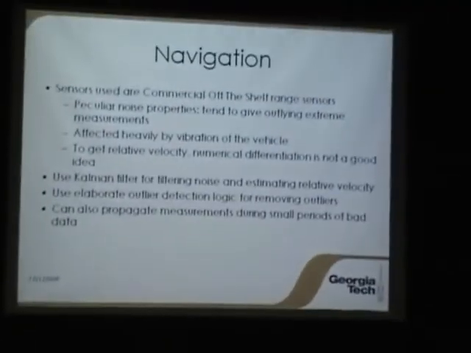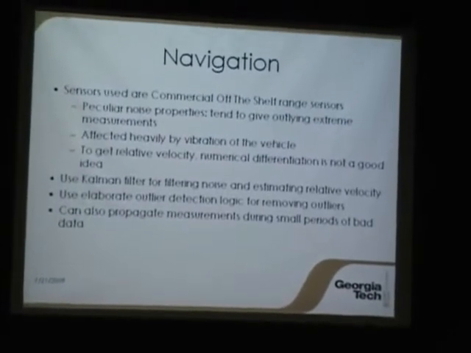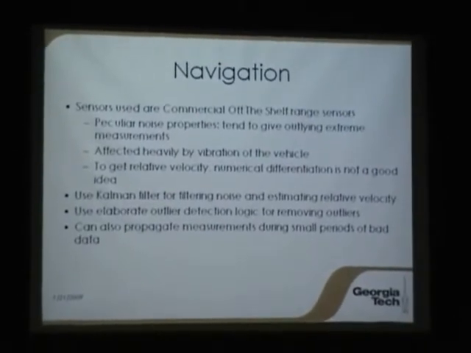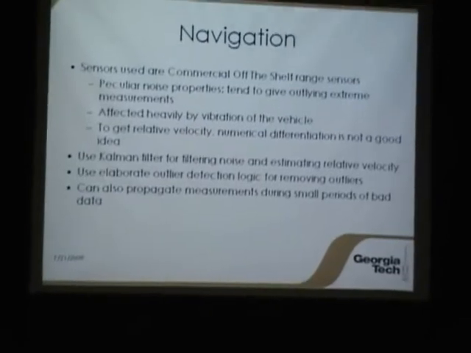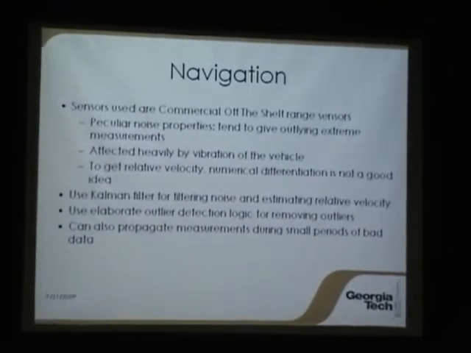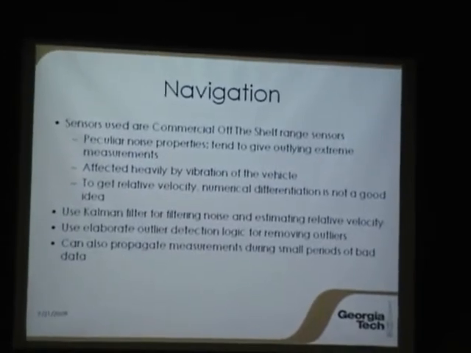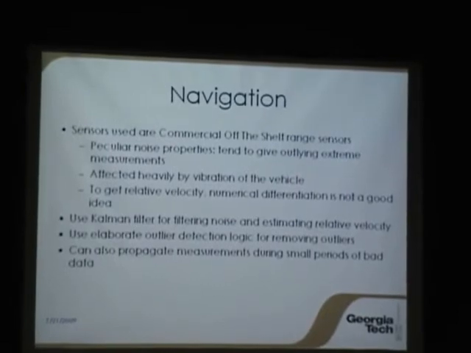We use Kalman filters using a simple observer-based model to estimate the velocity, or the derivative, of these relative ranges. This Kalman filter has an elaborate outlier detection logic that we have developed in-house, which takes care of the peculiar noise properties that these sensors have. For example, a sonar, if it does not get a return, will just return max range.